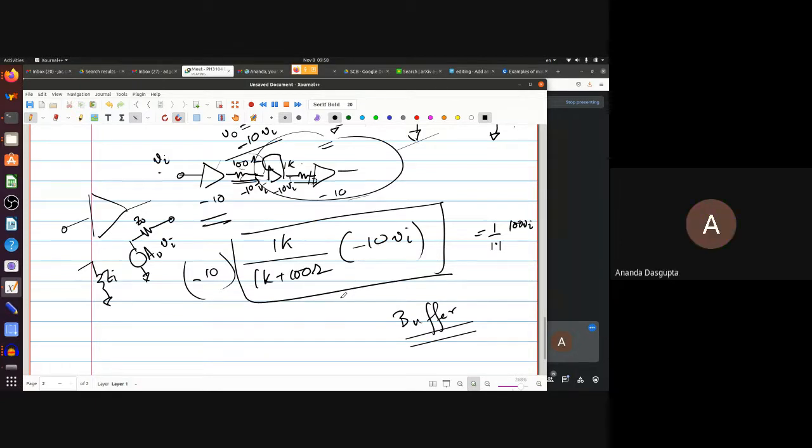Sir? Yeah. So you said that we need these devices for high precision applications. We don't need this always, but we can use them. In fact, the name op-amp is short for operational amplifier.